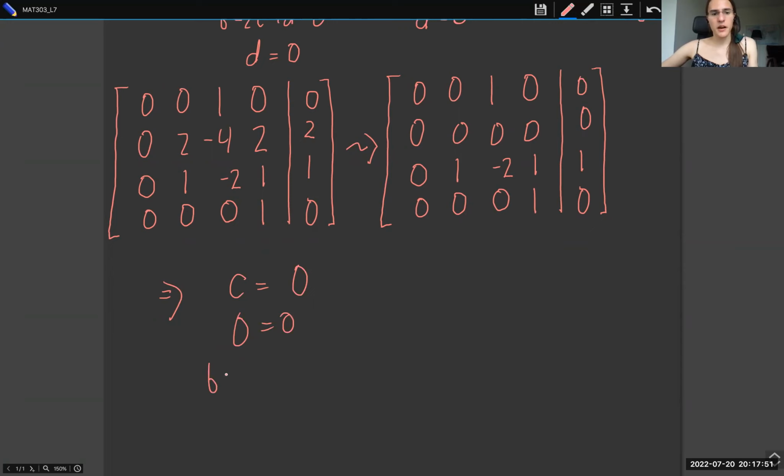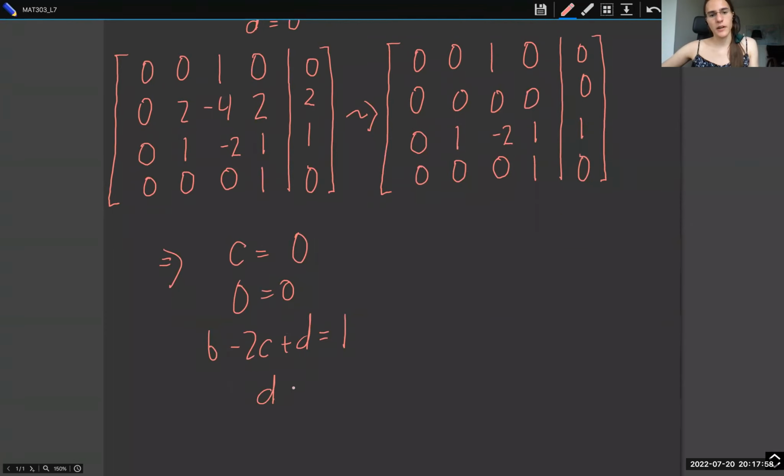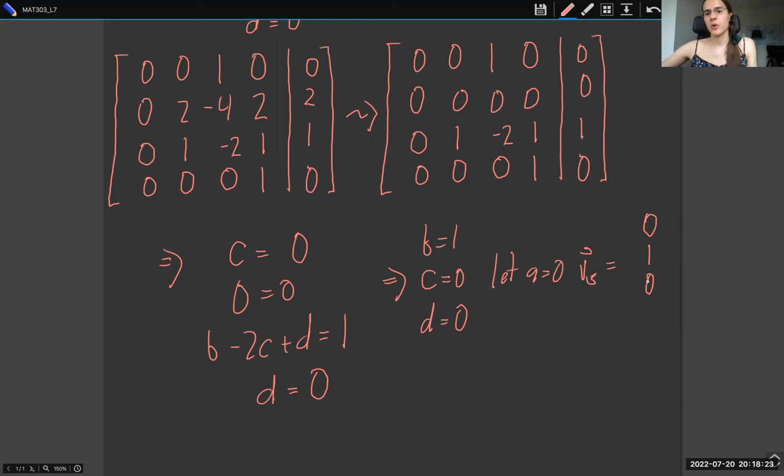Then B minus 2C plus D is equal to 1 now, and that D is equal to 0. So D and C are equal to 0, which tells us that B is equal to 1. Again, we can set A equals 0. And so then we get that V3 is 0, 1, 0, 0.